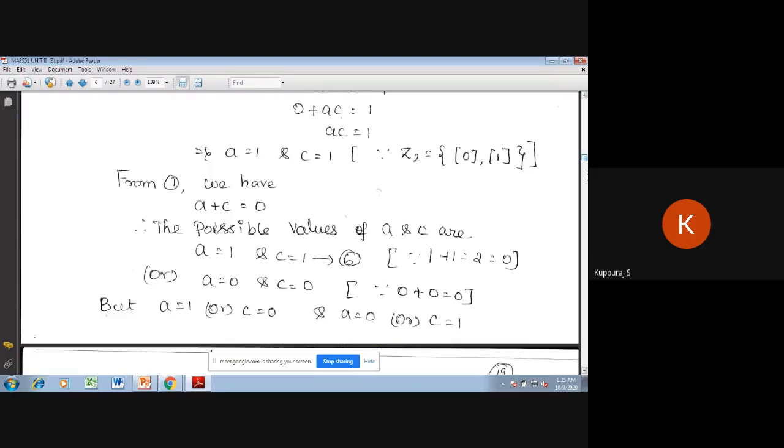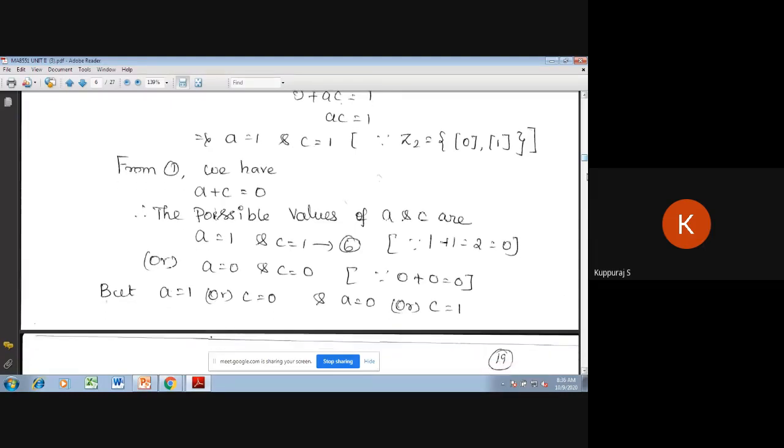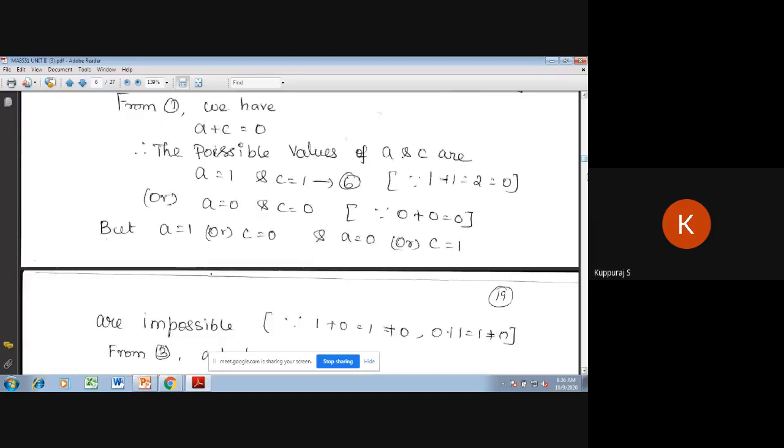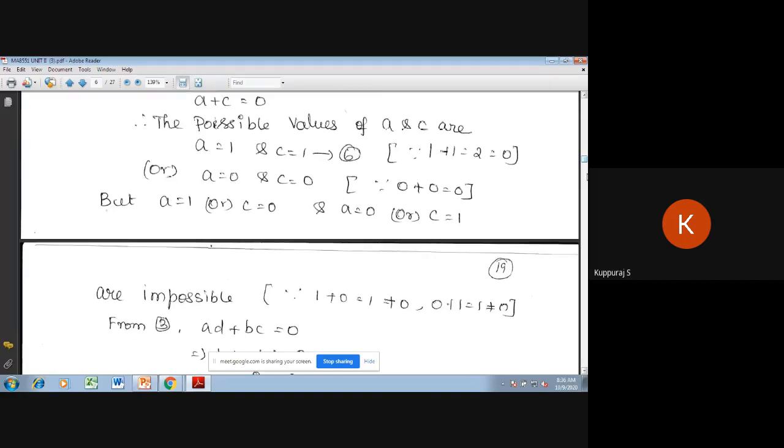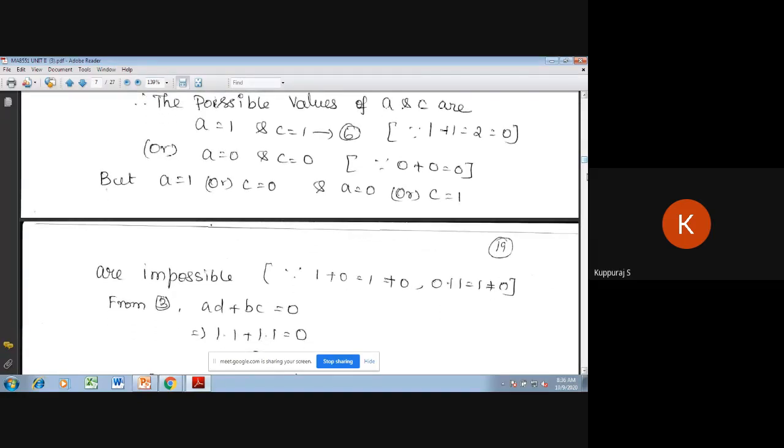Similarly, c also has two values, 0 and 1. So which is not possible. Either a is equal to 1 or 0, a can take two values at a time.